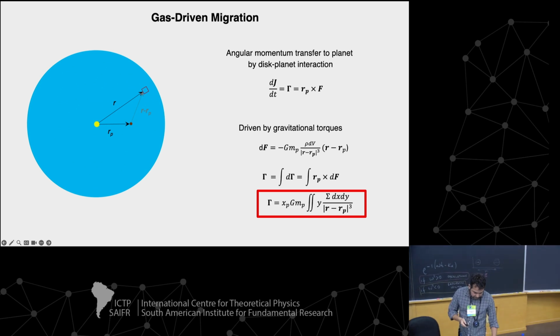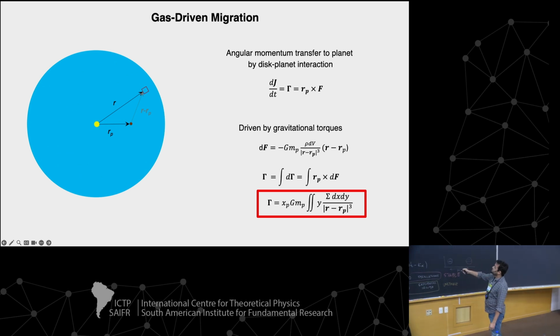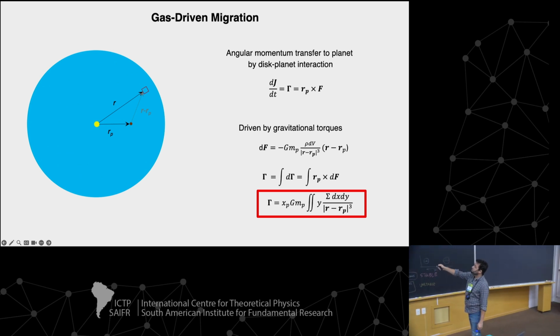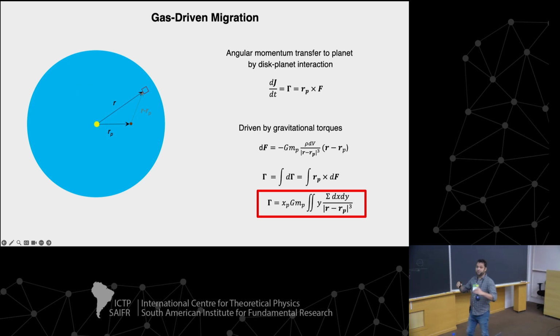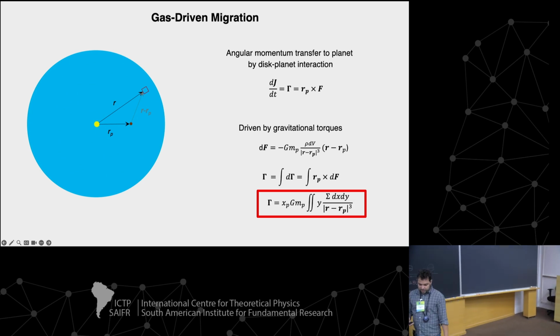There is something that you can immediately see here. The torque has an anti-symmetry. Y here is the coordinate perpendicular to the arm. There is a symmetry with respect to the arm of the planet.